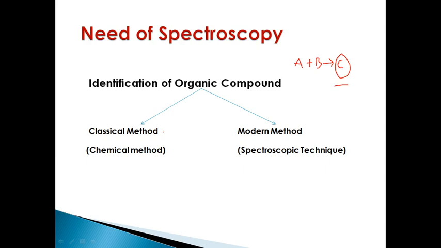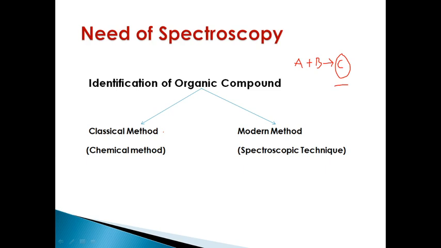Further, we follow quantitative analysis, in which we find out the quantity of the element. By knowing the element type and amount of the element, we can easily calculate the empirical formula. From the empirical formula, we can find out the molecular formula and finally the structure of an organic compound. So, this is the way of identifying an organic compound.